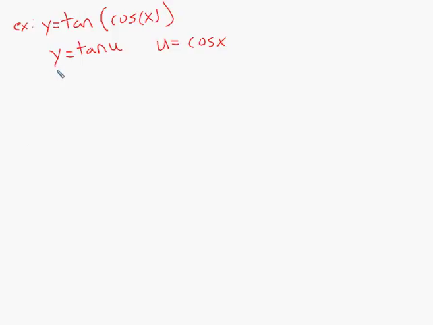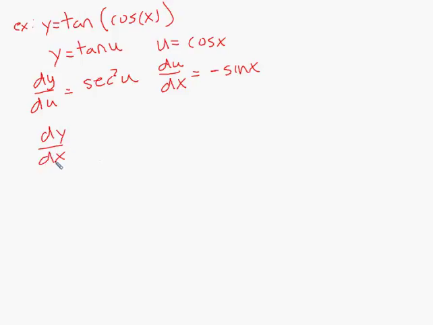I take the derivatives of both of these. So dy/du is going to be secant squared u. And then I find du/dx, the derivative of cosine x, which is negative sin x. Now dy/dx is the product of these two. So negative sin x times secant squared, and just to save us some extra work, I'm going to replace u right away. U is cosine x.